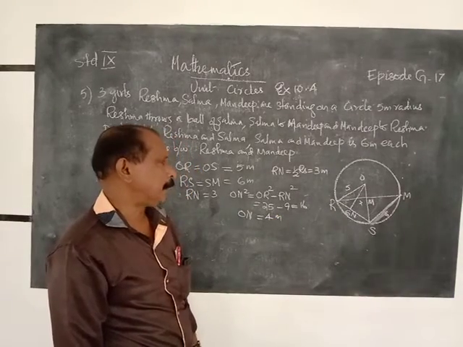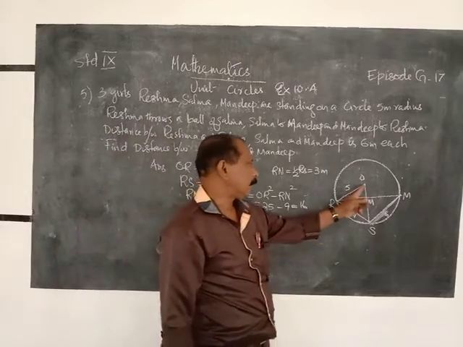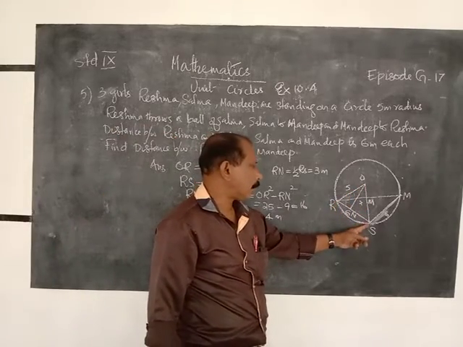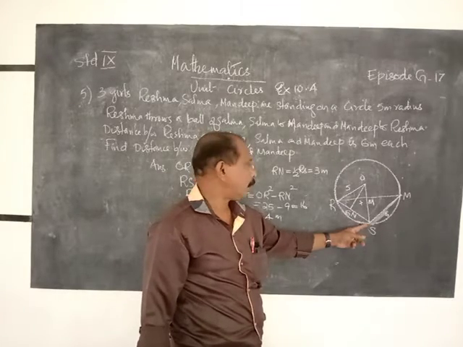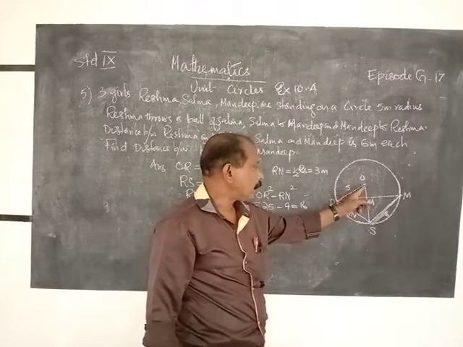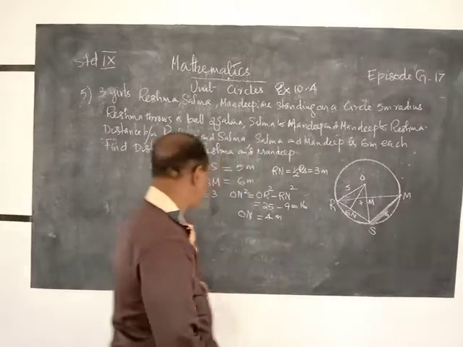Therefore, we know that this is a triangle ORS. Area of any triangle is half base into altitude. That is half RS into ON.